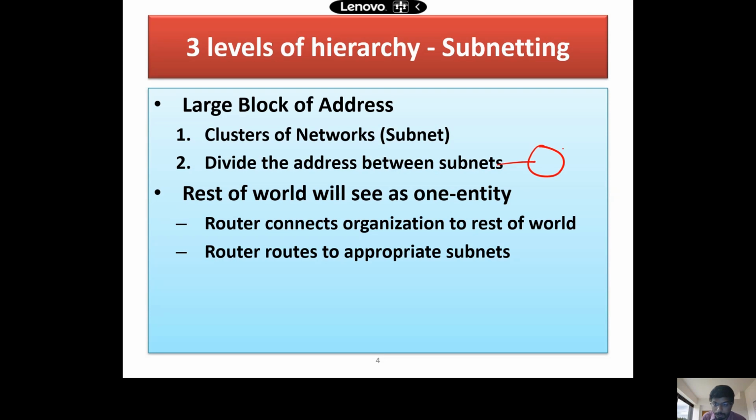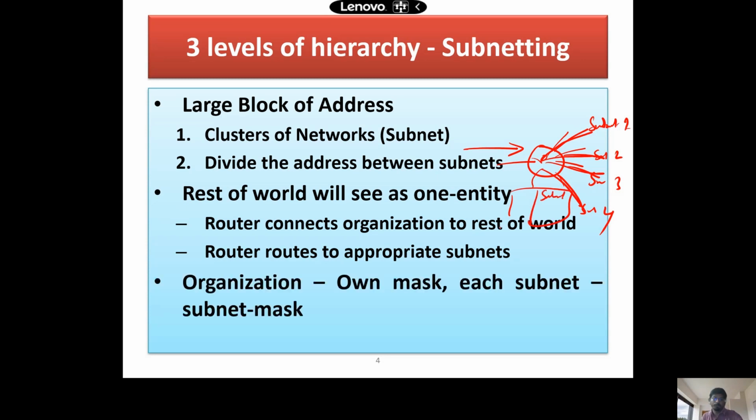Say for example, this is a router and it has multiple interfaces, say 4 interfaces. Any packet that comes in, you have to redirect, because say these 4 interfaces are connected to 4 different subnets. This is subnet 1, this is subnet 2, this is subnet 3, this is subnet 4. My router needs to know whether this IP packet has to go to this interface or this interface or this interface or this interface. For that, in its routing table, it also has to store the subnet prefix. That's what we're going to look at here.